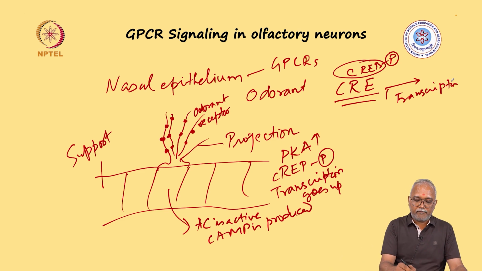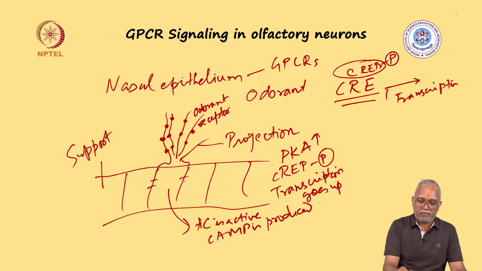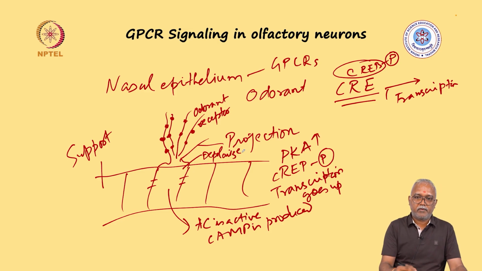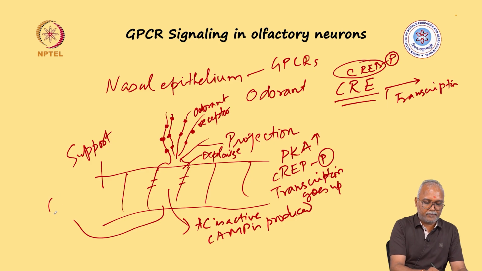And this is good enough to send the signal, because in response to some of this transcription and PKA activity, the channels present over here will open, and they will depolarize the membrane, which now sends the signal through the olfactory nerve to the brain region.